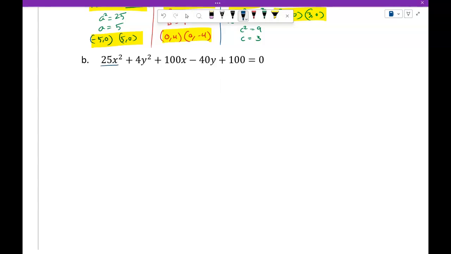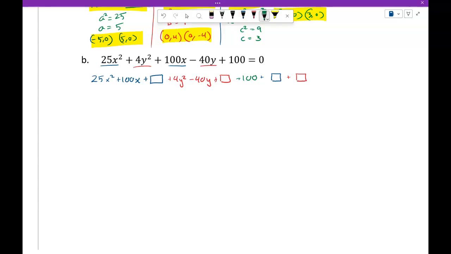So we're going to start by grouping our like variables. 25x squared plus 100x, and we're going to need a box. And then we'll group our y variables. Plus 4y squared minus 40y with another box. And we can go ahead and move the 100 to the other side. And we're going to add a box for each of the ones we have on the left.